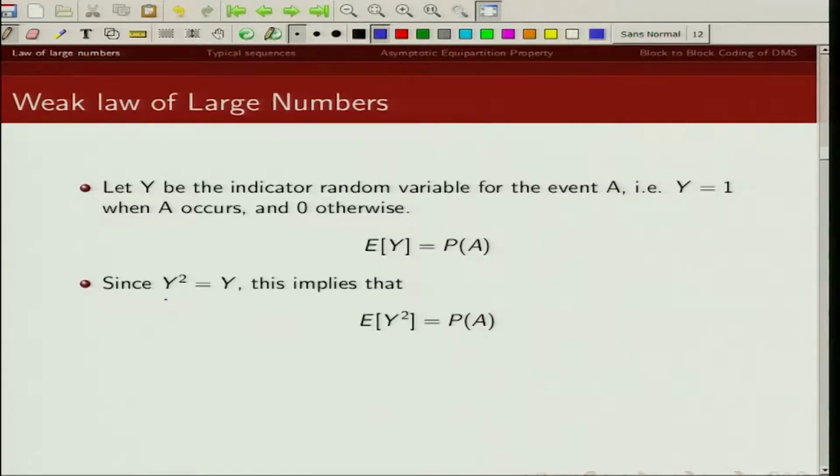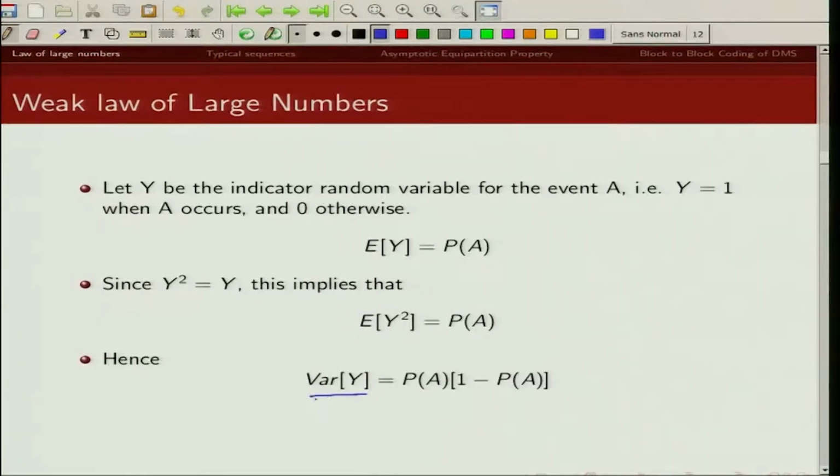Similarly, we can define another random variable. We can see that y square will be y. So when y is 0, y square is also 0. When y is 1, y square is also 1. So since y square is equal to y, the expected value of y square is the expected value of y, which is given by this expression. Now, what is the variance of y?